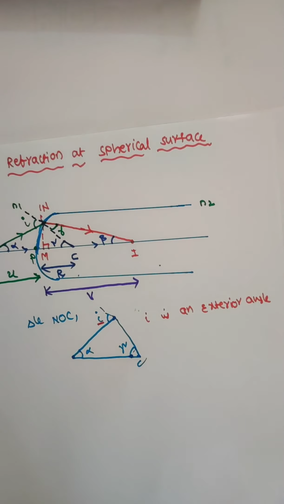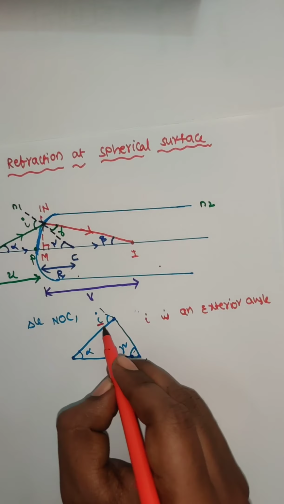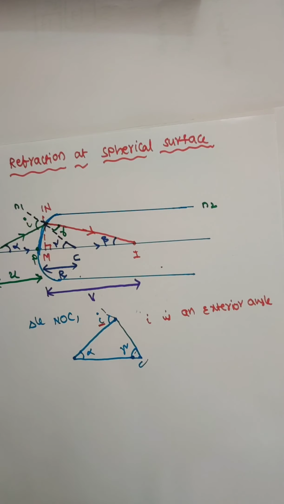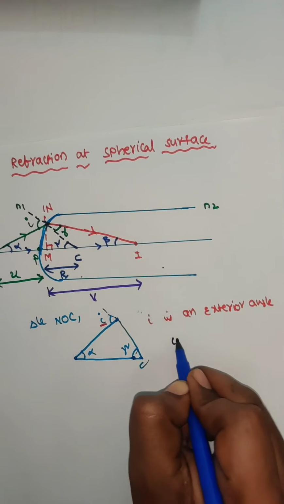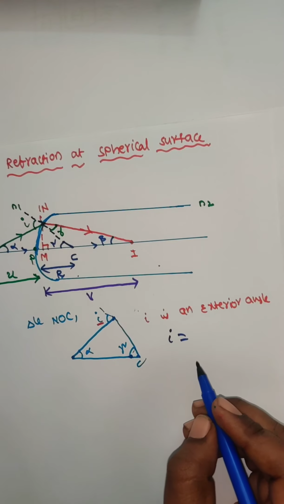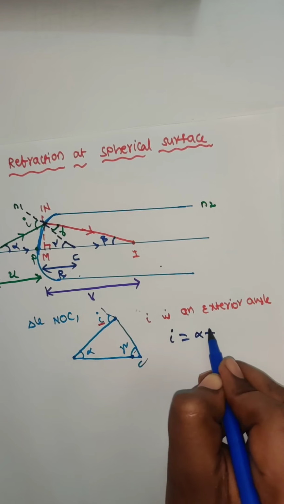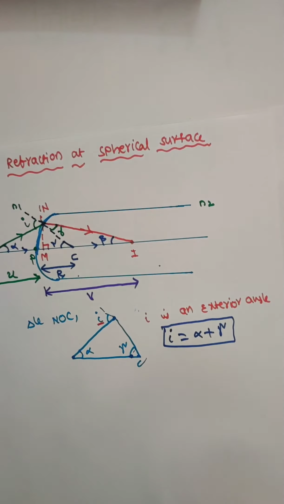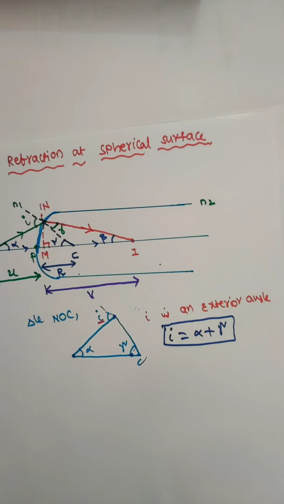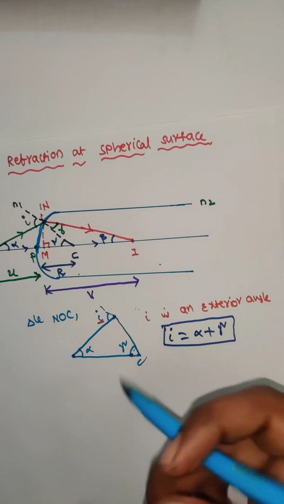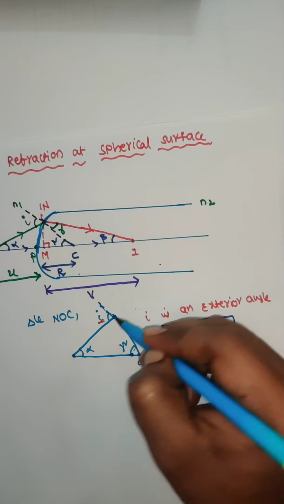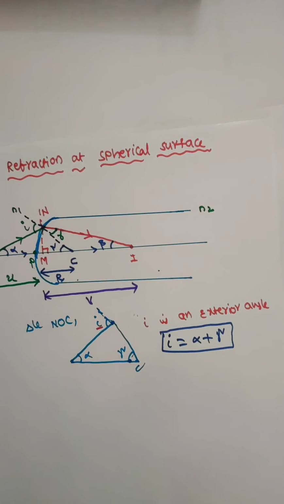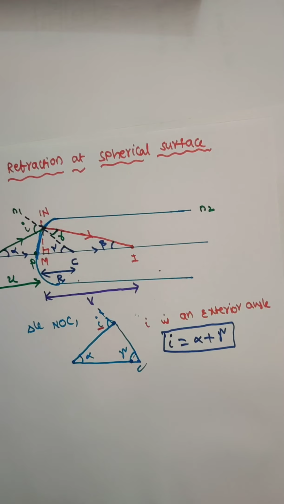We know the rule: the exterior angle is equal to the sum of the interior angles. So if we take the exterior angle i, you can write i is equal to alpha plus gamma. If you draw the normal here, we are getting an exterior angle i equal to alpha plus gamma.